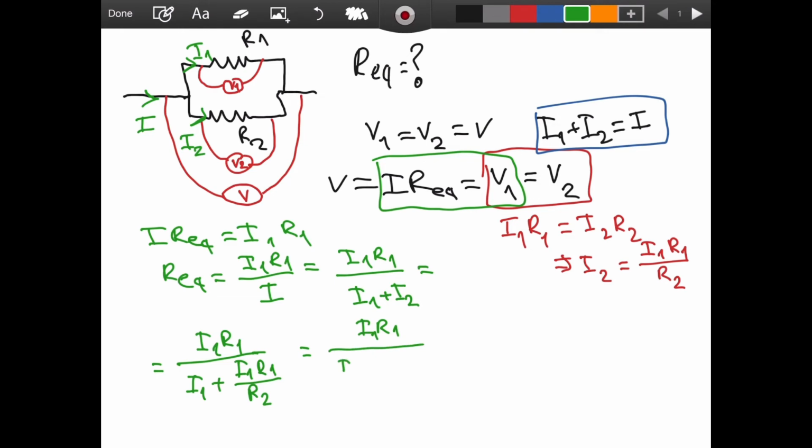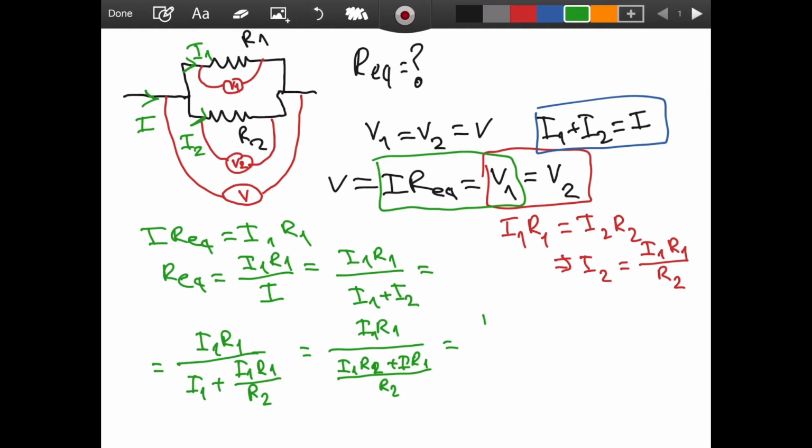So we get this, right? If I add these two and combine them above one denominator, this is what I get. It is a property of multiplication and division that we can bring this R2 to above, right?